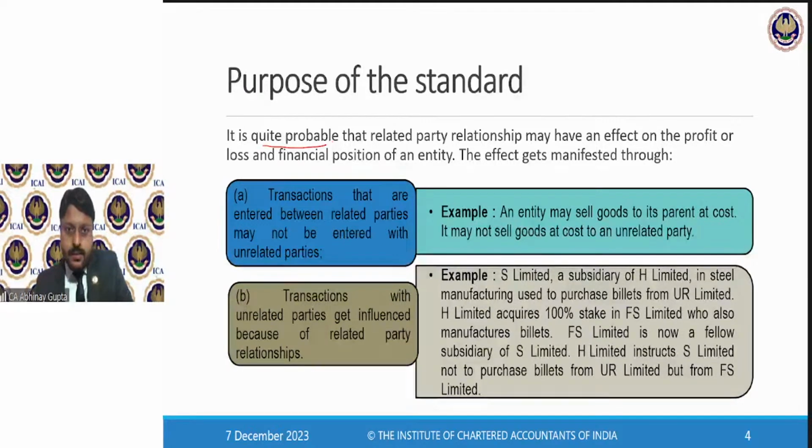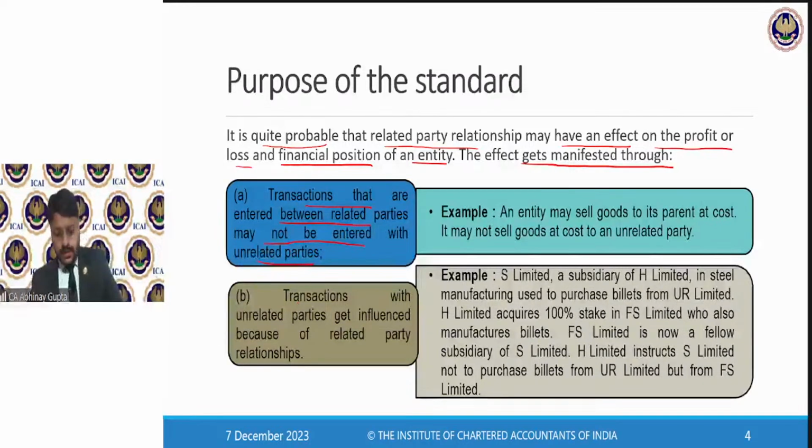So it is quite probable that the related party relationships may have an effect on the profit and loss and the financial position of the entity. The effect gets manifested through transactions between the related parties that may not be entered into with unrelated parties. So there might be certain transactions which have taken place only because of the relationships. If there was no relationship, these transactions would not have happened in the first place, right?